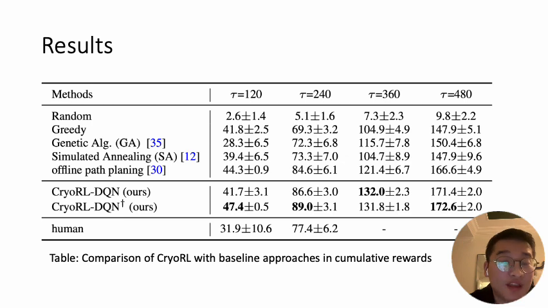And in this table, we also have a summary of the cumulative reward for different approaches. And CryoRL using DQN achieves the best result for all the different choices of durations. Notably, it also outperforms a human agent.